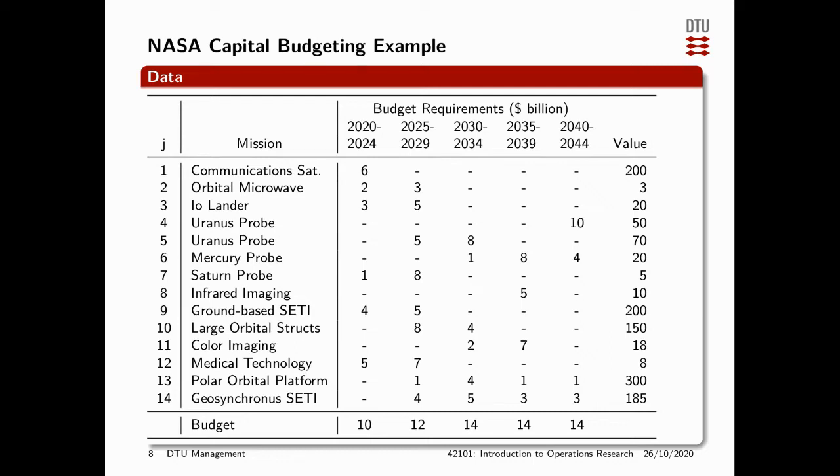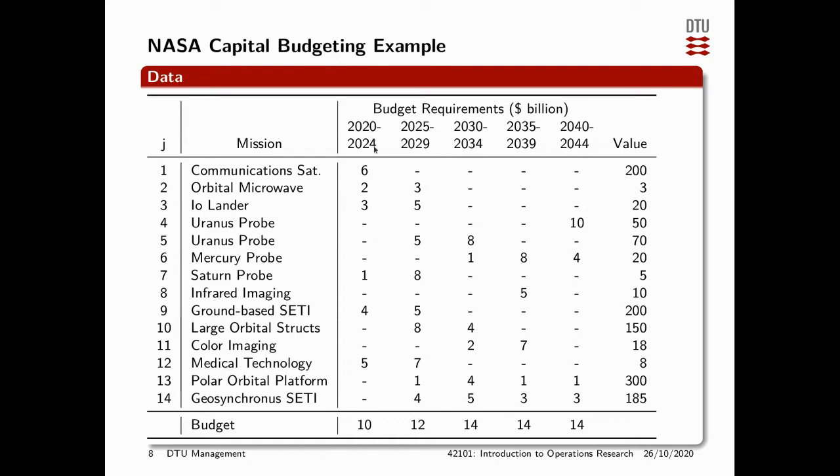The table here basically tells you everything you need to know. We have 14 missions listed on the left. The value of each of these missions is given on the right here. So mission 1 gives us 200 units, mission 2 gives us 3 units, and so on. Our 25-year planning horizon is broken down into 5 intervals of 5 years.